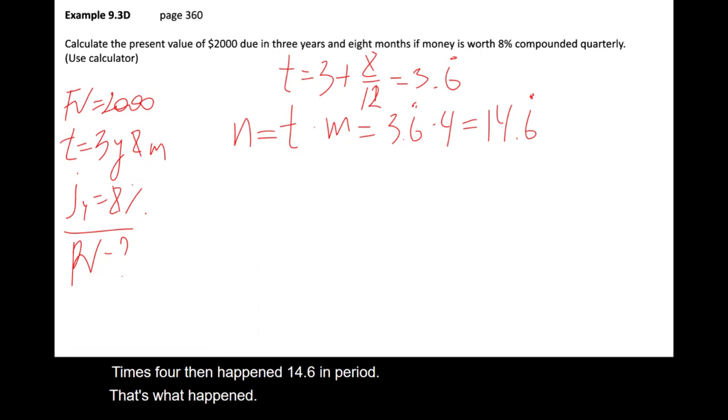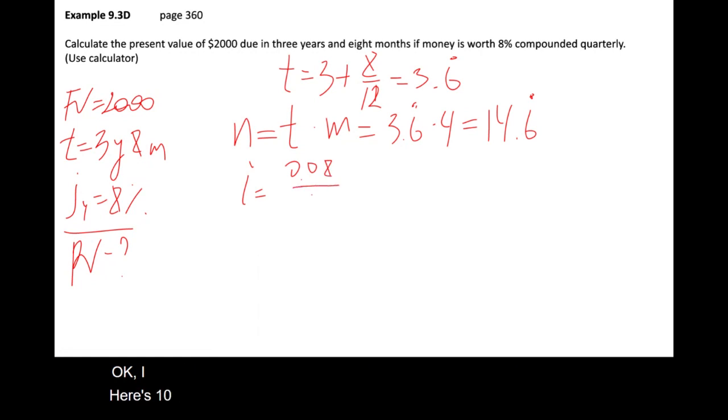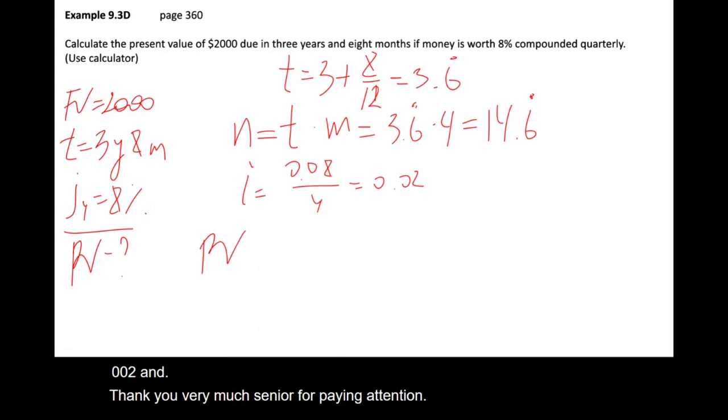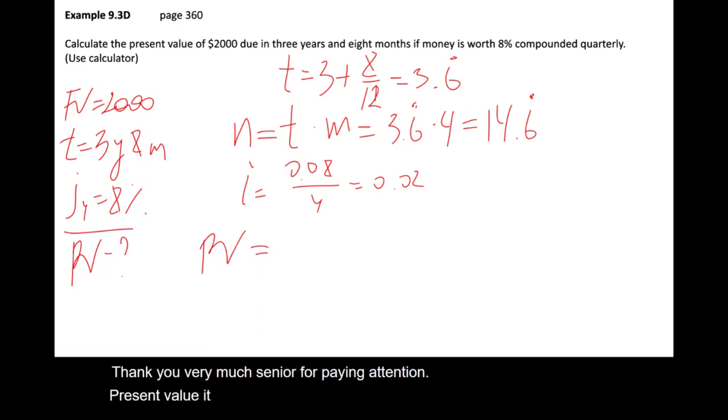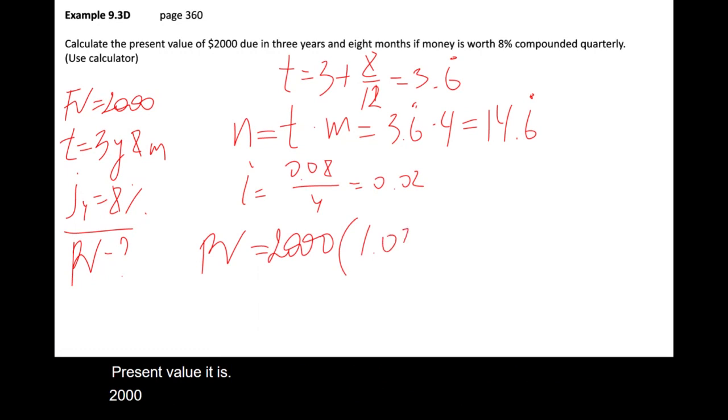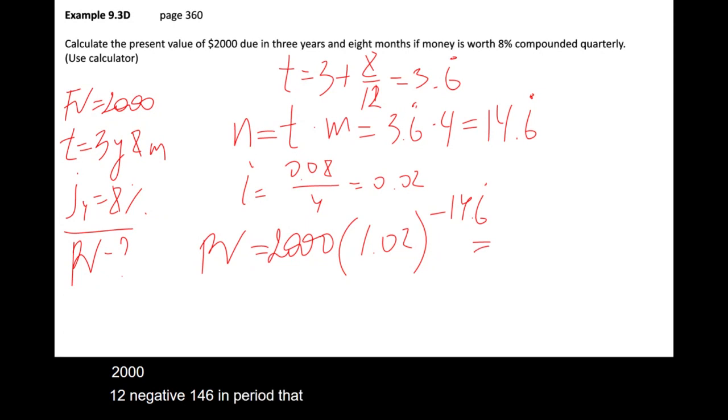Okay, I is what, 0.08 over 4, 0.02. And thank you very much, Xenia, for paying attention. Present value is 2000 times 1.02 to the exponent negative 14.6 in period.